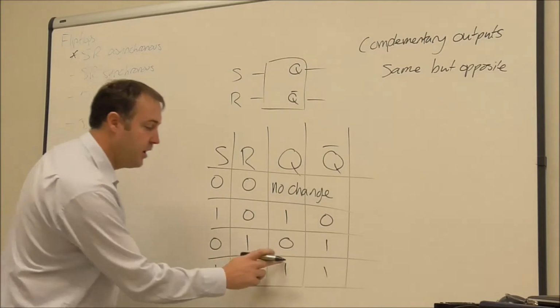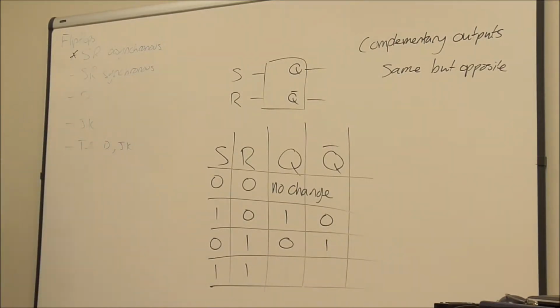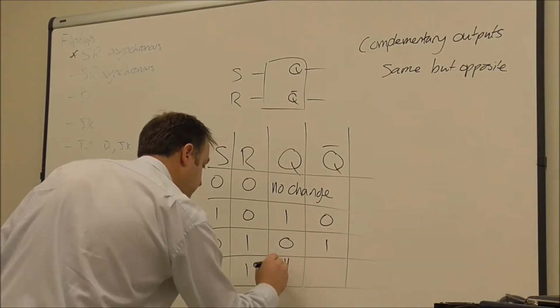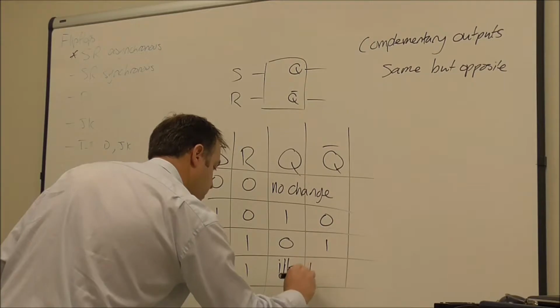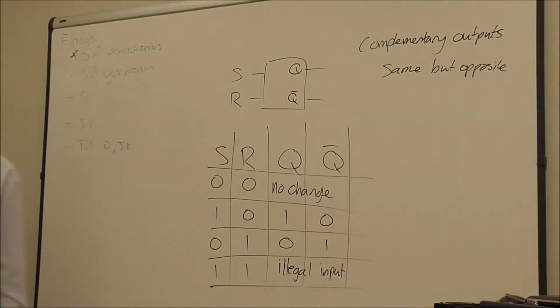So this is an illegal state. You can't have both outputs high. So it's an illegal input. Okay, that means that it is not allowed. You cannot have both S and R high.